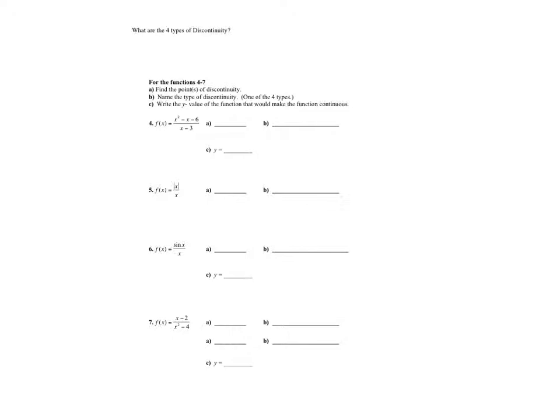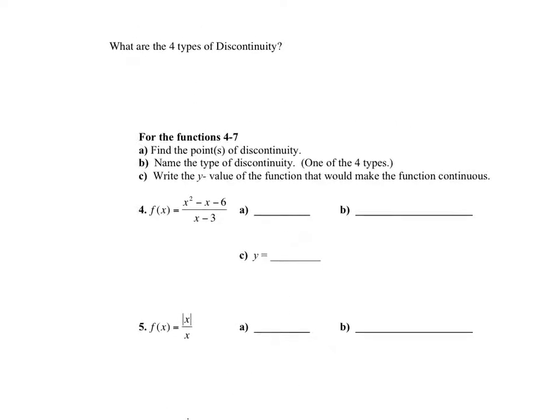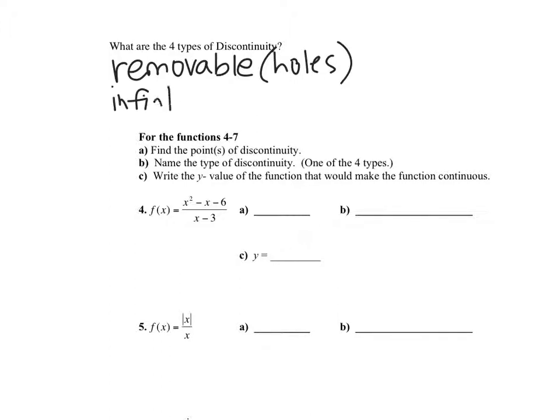Backside. What are the 4 types? Removable, infinite, jump, oscillating. All right, removable, those are the holes in the graph. We're just reviewing, okay? There's also infinite. That would be when you have vertical asymptotes.